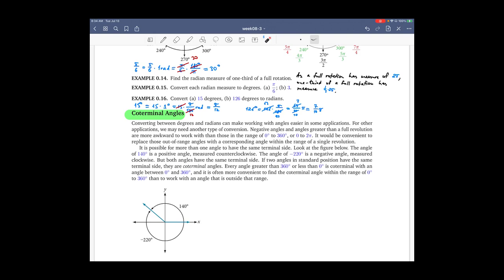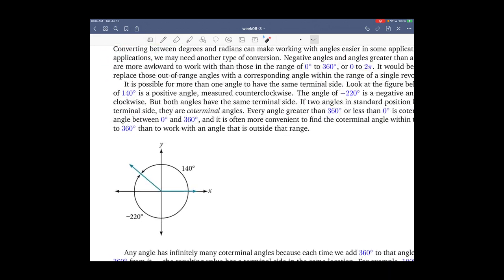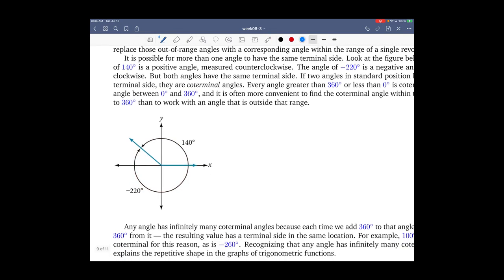when you fix the initial side and you fix the terminal side, multiple angles will correspond to that terminal side. In this picture, for instance, this angle is 140 degrees, and this angle is negative 220 degrees. Yet they correspond to the same initial side and the same terminal side.